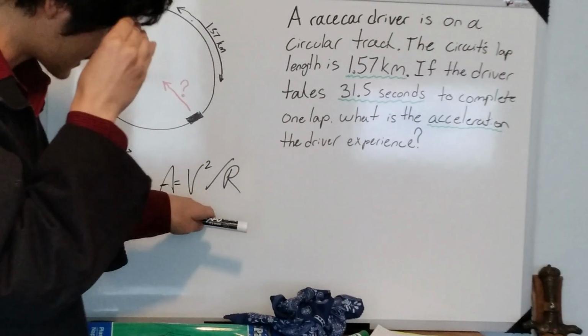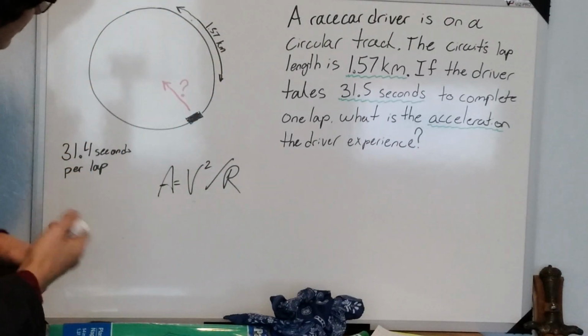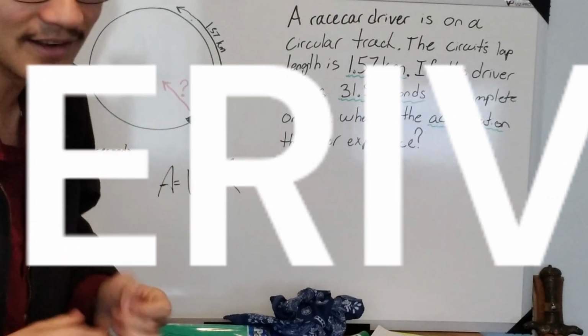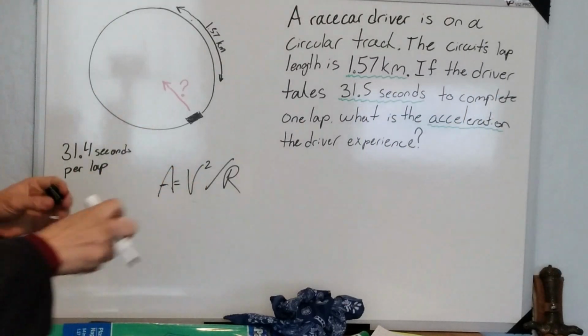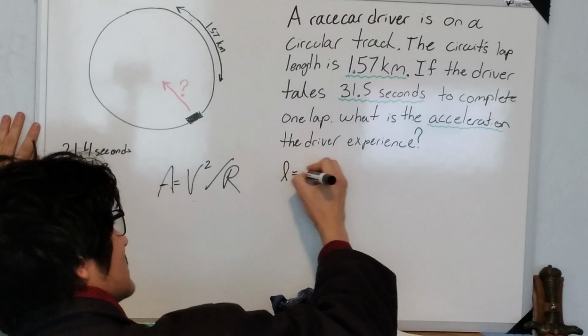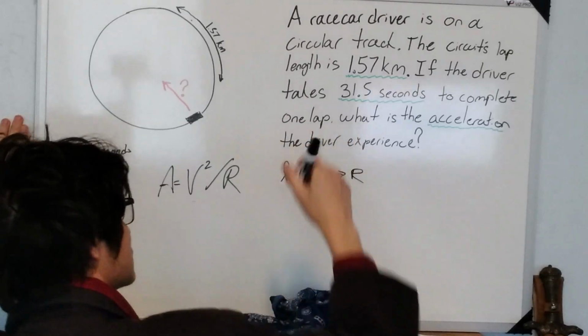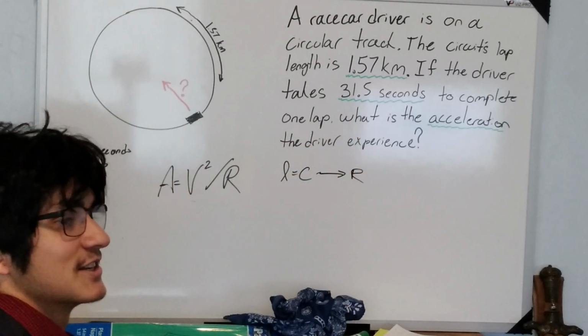Even though the velocity and the radius aren't given, if we look at the symbolic domain, I feel like we can derive those variables. The circuit length is really just the circumference, and from that we can derive the radius. How can we derive the velocity?